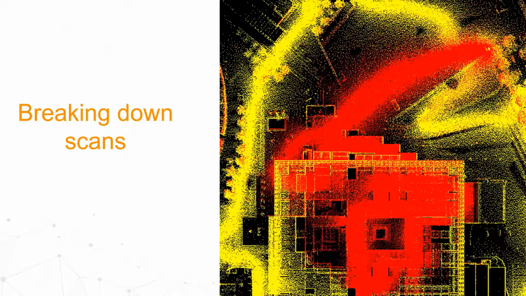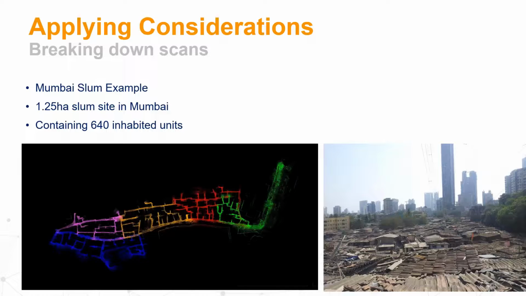Breaking down scans. One of the older examples from Mumbai, when the project required a scan of 1.25 hectares of the site. This was an outdoor scan with Revo, and on the bottom left picture you actually see individual scans broken by different colors. You can see overlap between them.